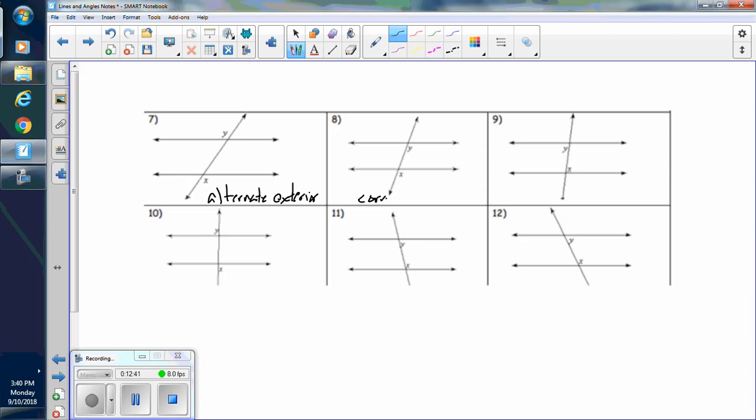So that makes them corresponding. On the next one, they're both inside the 2 lines, but they're on opposite sides of the transversal. So that's alternate interior.